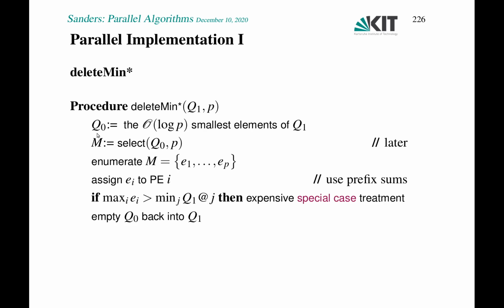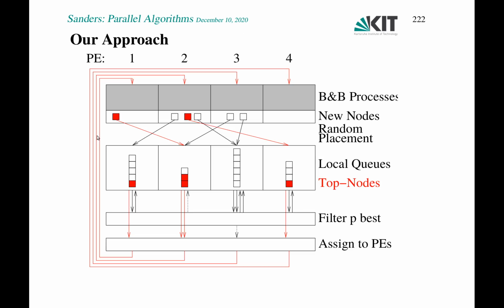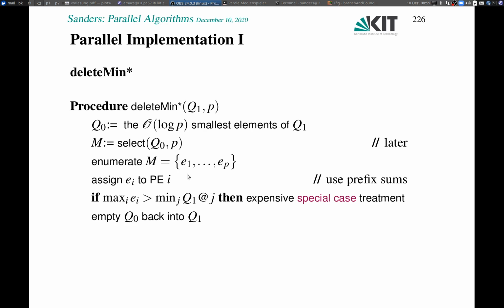And we have seen in the example that maybe some processors have several of the elements, some have none, right? So we need an additional step of assigning these elements to the processors. We do that by giving them numbers between 1 and p, and that can be done using a prefix sum.